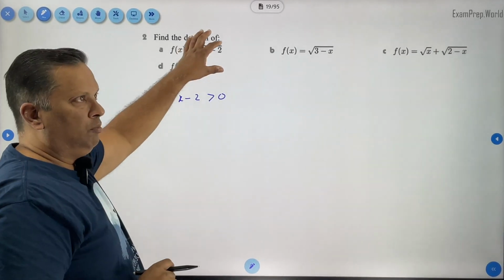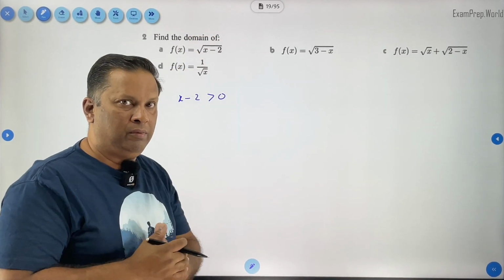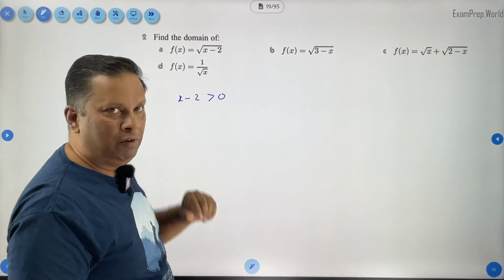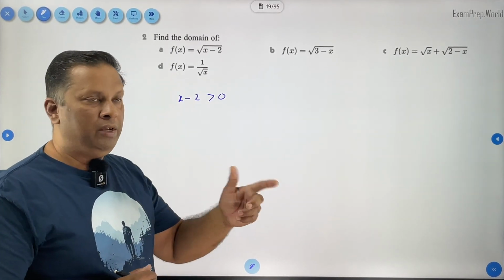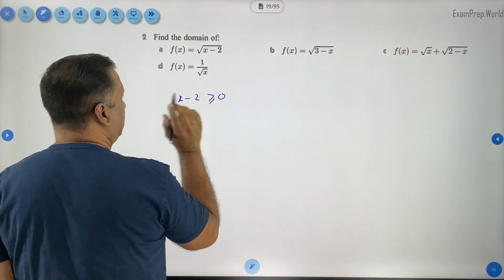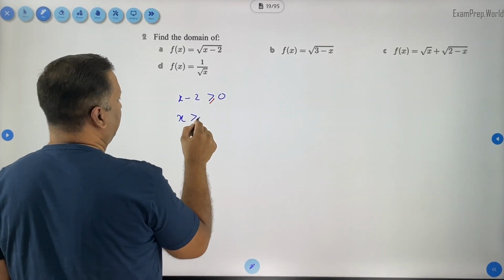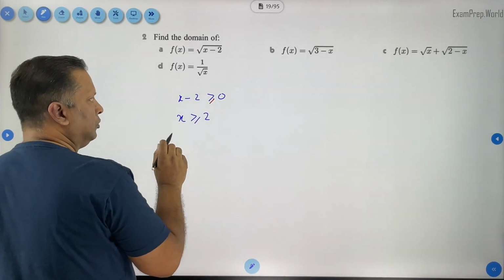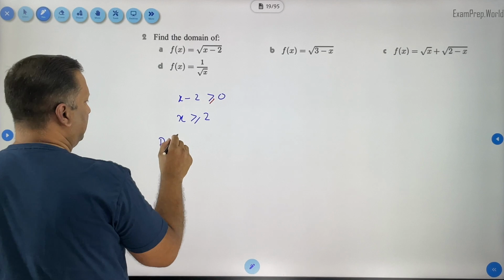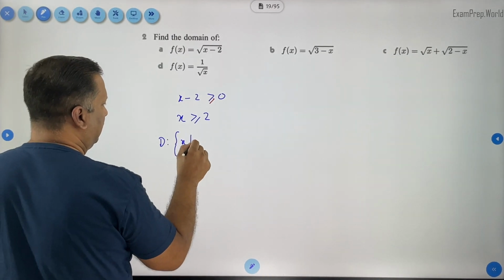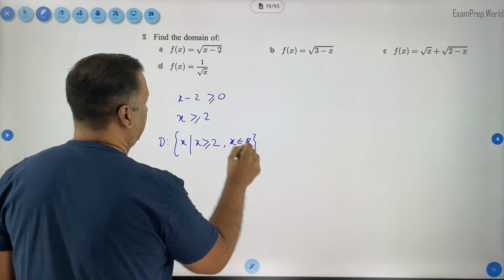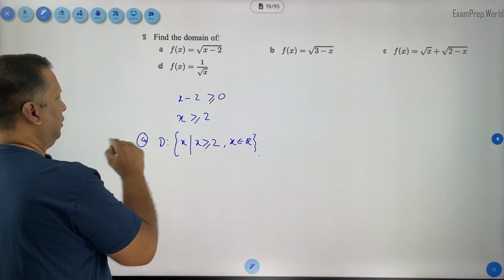Then only it is a real number, because inside the root, if you get a negative number, it is not a real number, it's an imaginary number. So x minus 2 should always be more than or equal to 0. Therefore, x is more than or equal to 2, right? So how can we write the domain for this one? Domain is x such that x is more than or equal to 2, where x belongs to real numbers. That's your answer for A.